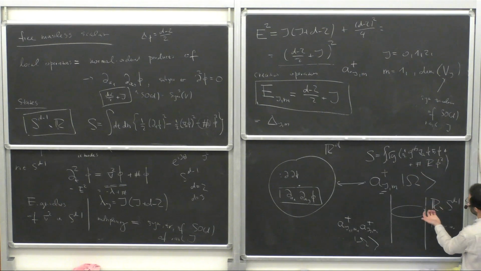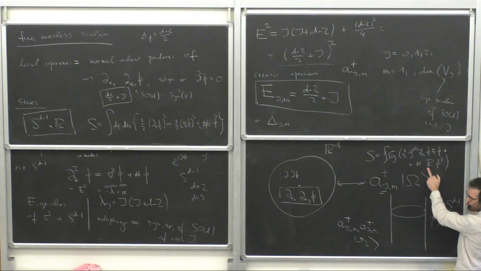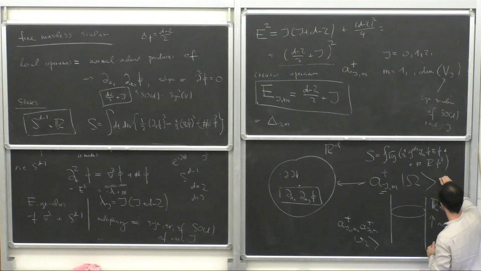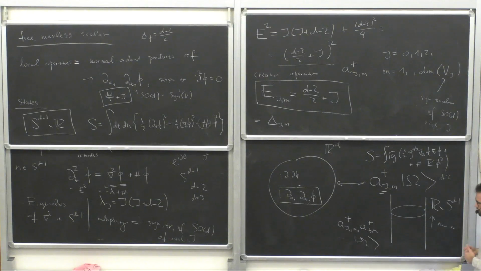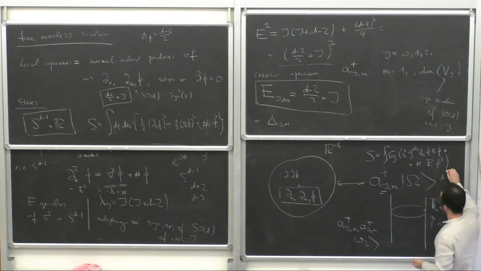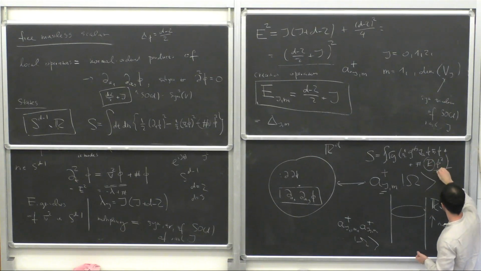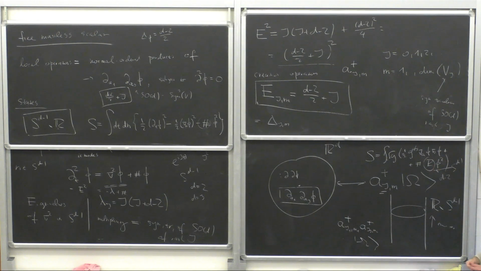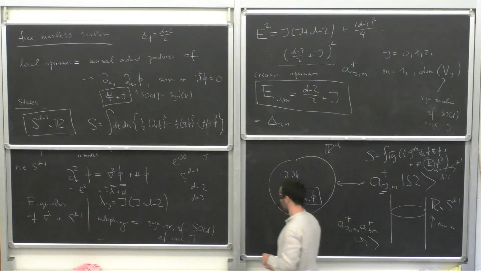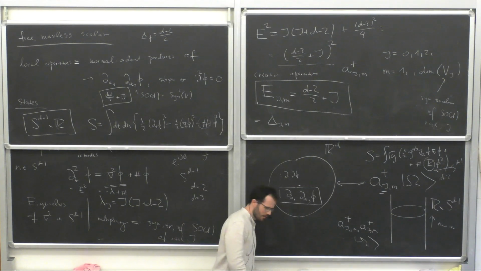Now, if you evaluate the Ricci scalar of the S^(d-1) sphere, you'll see that it's proportional to d minus 2, because S^1 has zero Ricci scalar. The cylinder has a sphere in it, so this one comes from S^(d-1) in our case.